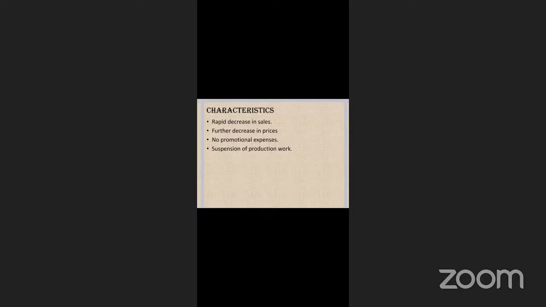There will be no promotional expenses, and there is a suspension of production work, because they'll stop production. Whatever products they have, they try to sell, and then they come up with a new product again and focus on the new product. So these are the characteristics which we usually see in the declining stage.